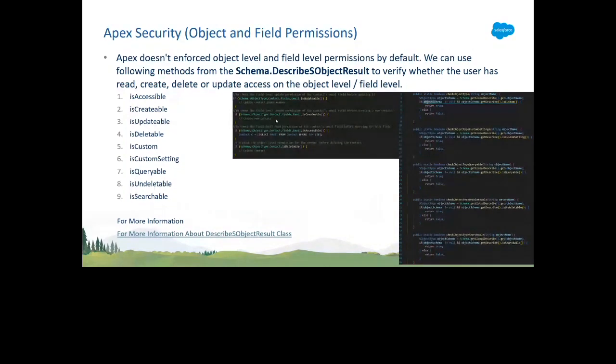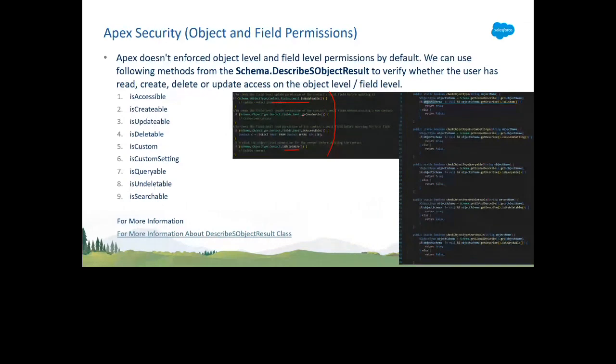So on the code level, you can write like that: Schema.SObjectType.Contact.fields.Email.isUpdatable(), just like that. And for isCreatable, you can see that we are performing simple CRUD operations here: delete, isAccessible, creatable, updatable.